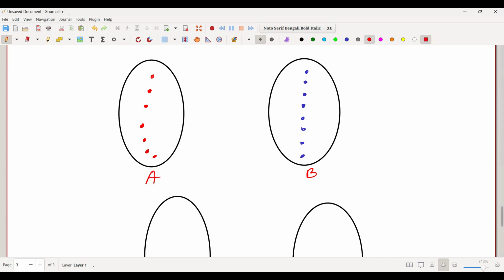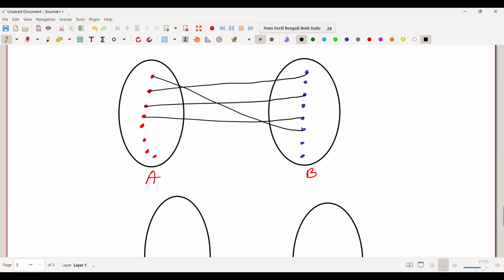Okay, so here we have to draw another. So now this is here, this is here, this is here, this is here, this is here, this is here, this is here, and this is here.